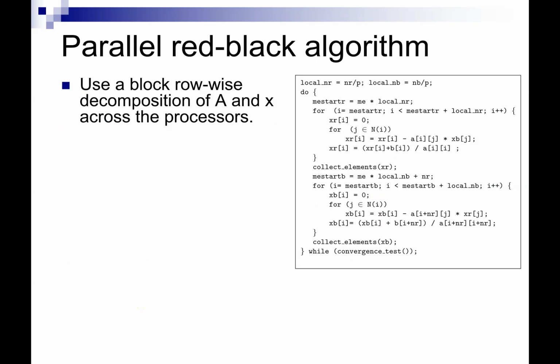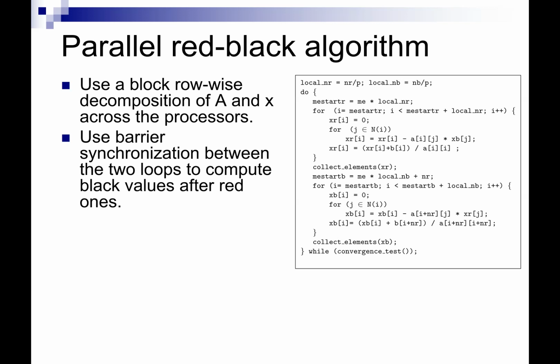Okay, so then lastly, we can write this using MPI or some sort of pseudocode for MPI. So what this is going to do is we're first going to compute in parallel all of the red values. Okay, so X_R is denoting all of the red values, right? And this is using the black values, but from iteration k, right? And then after that, you're going to do a barrier over here, right? Because you need to finish computing all of the red values for iteration k plus 1.